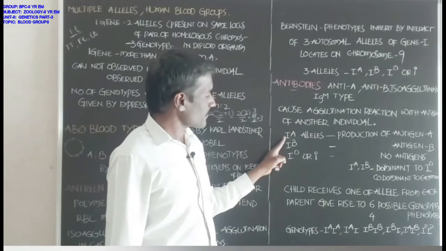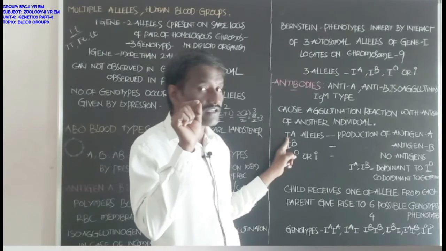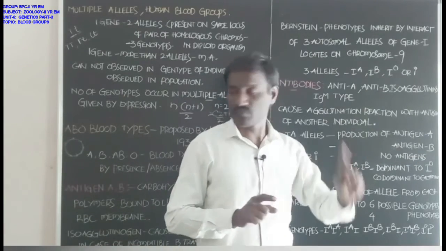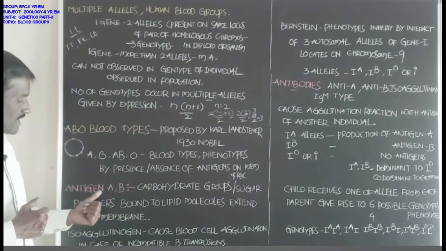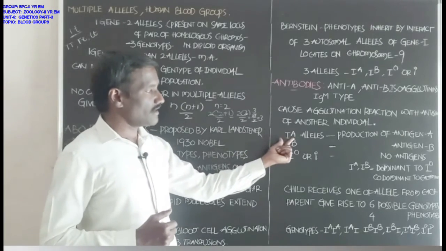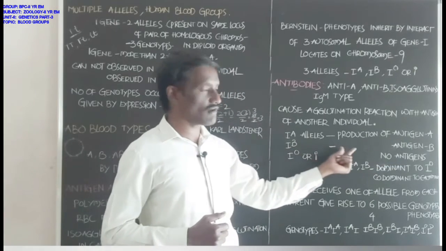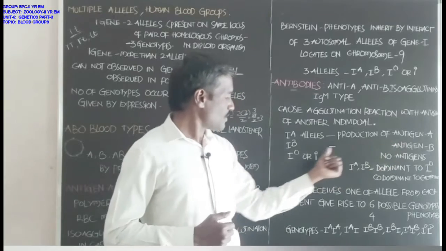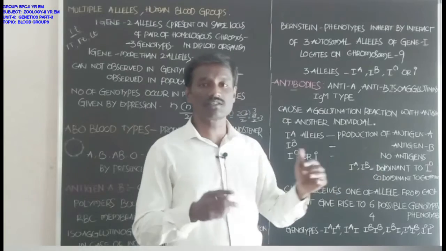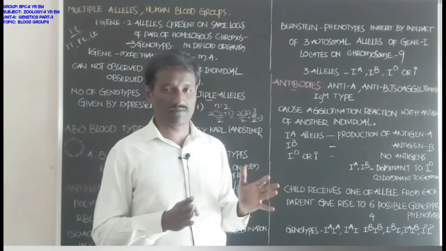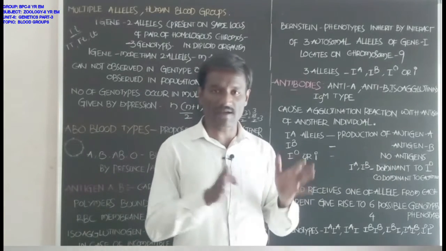The IA allele causes the production of antigen A. Antigens are of two types: antigen A and antigen B. IA causes the production of antigen A. IB causes the production of antigen B. IO does not cause the production of antigens. There are no antigens.